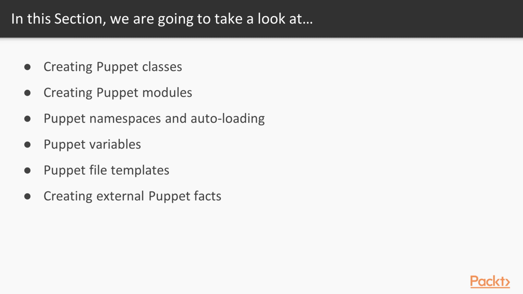Once we grasp the concepts of Puppet variables, we will move on to Puppet file templates to learn how to create dynamic files for configurational purposes. Finally, we will learn how to create an external Puppet fact and use it to send custom information to the Puppet master. So let's dive into it and start learning.